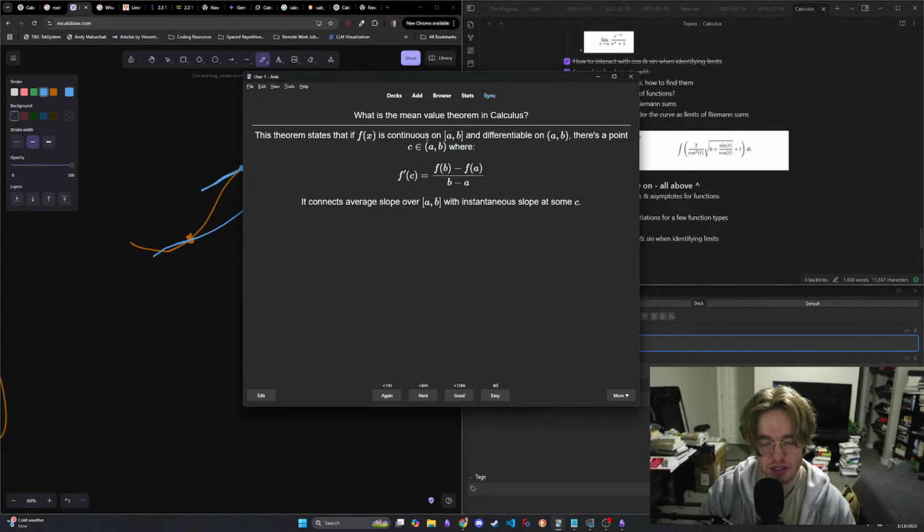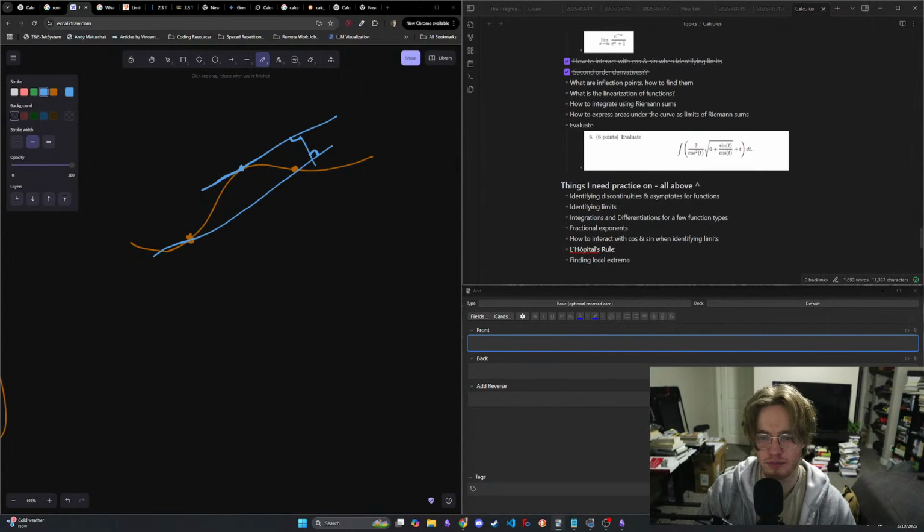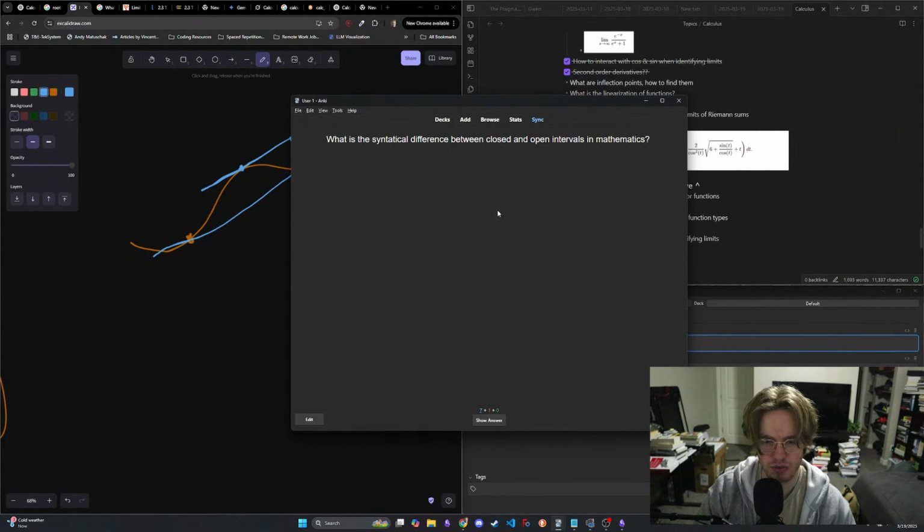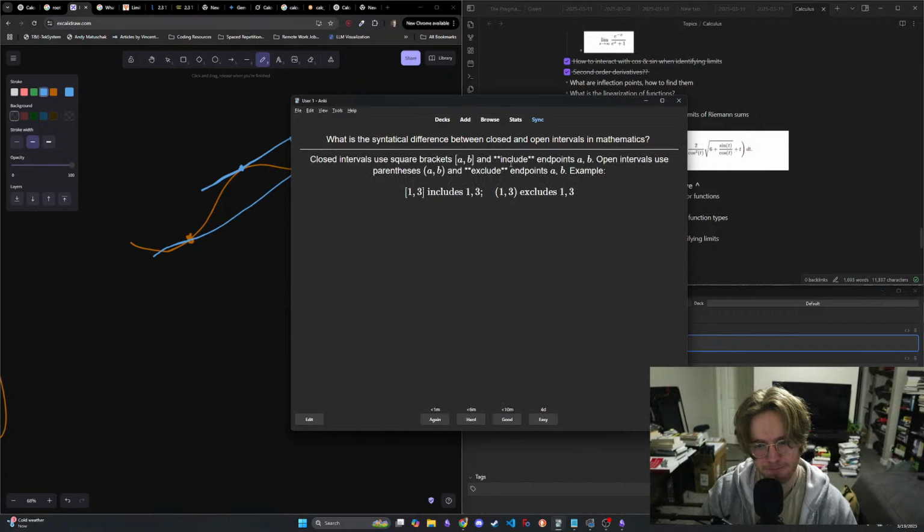It's continuous on closed and differentiable on open, I believe. We're actually going to run into the open and closed. So, okay, closed interval includes the endpoints A and B. Open excludes endpoints. Okay.